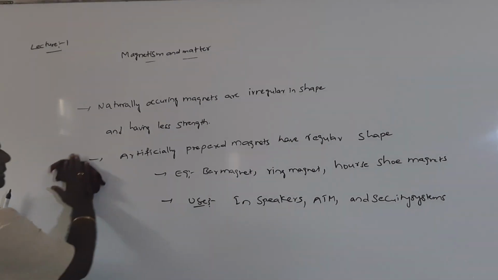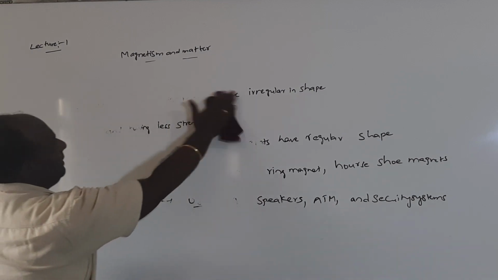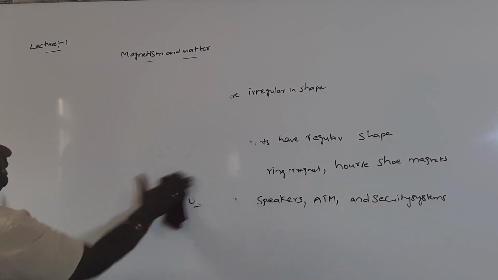Now we are going to discuss the bar magnet. From a number of experiments, they concluded that a magnet has two poles.